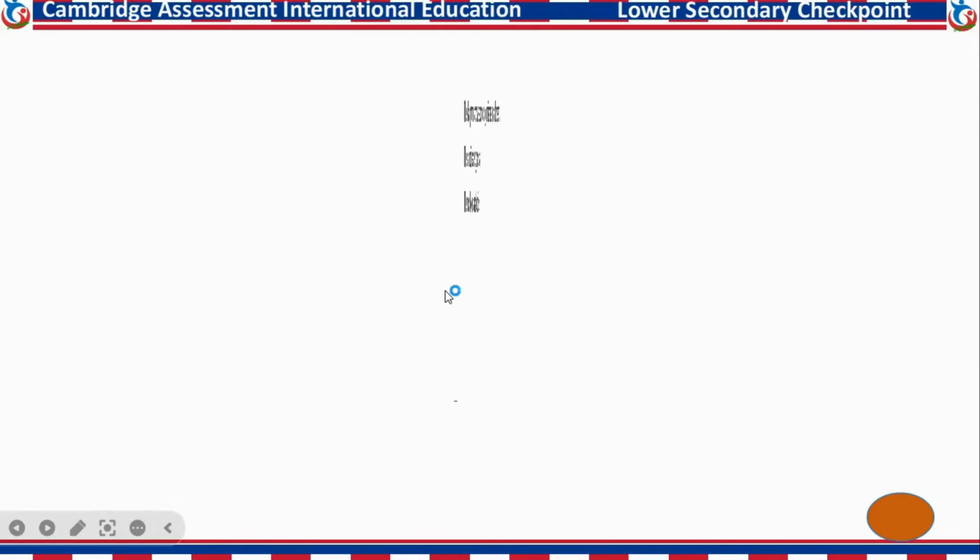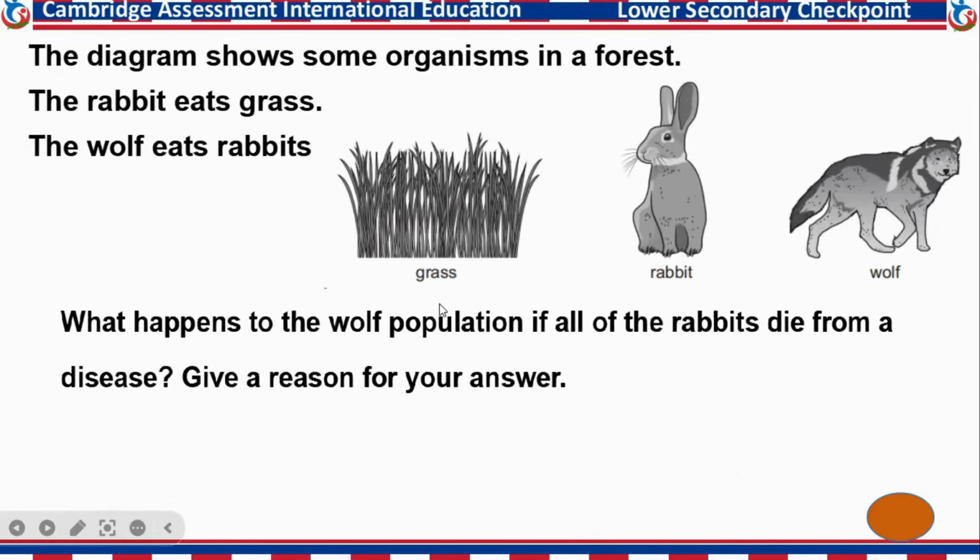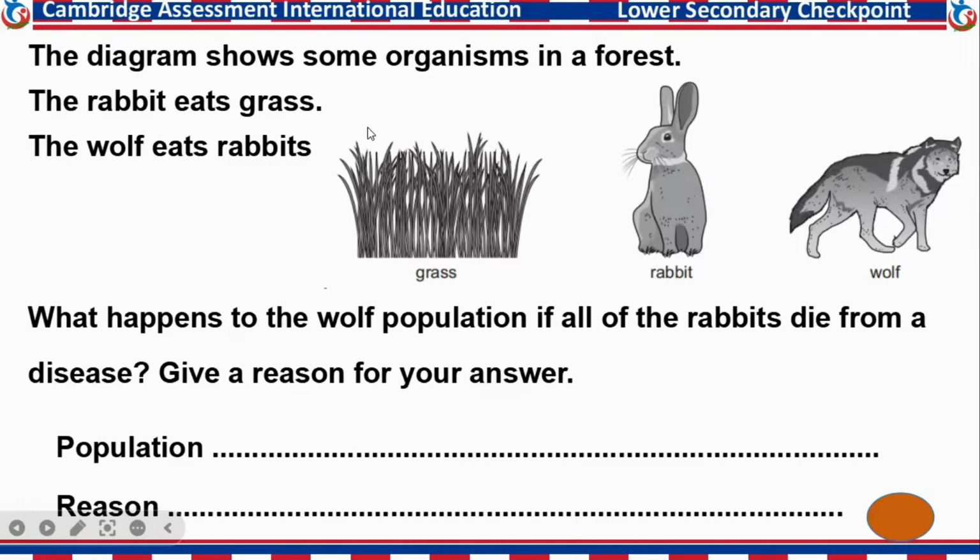Now we move to this diagram, which shows some organisms in a forest. The rabbit eats grass. The wolf eats rabbits. This is a kind of food chain, definitely.